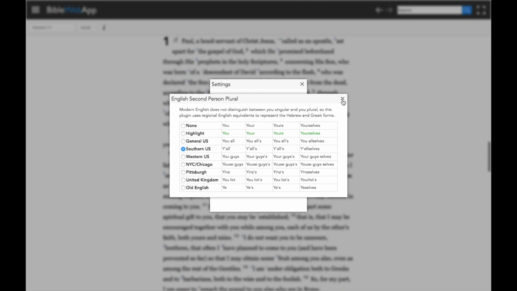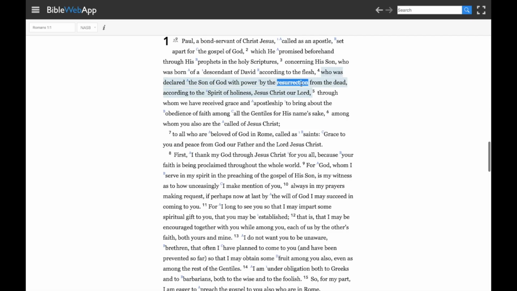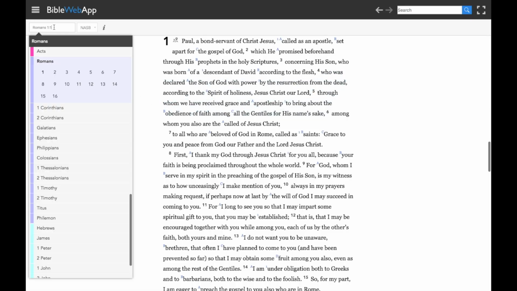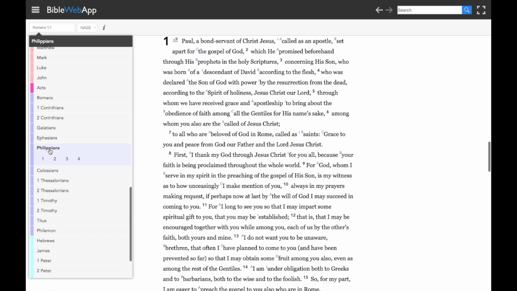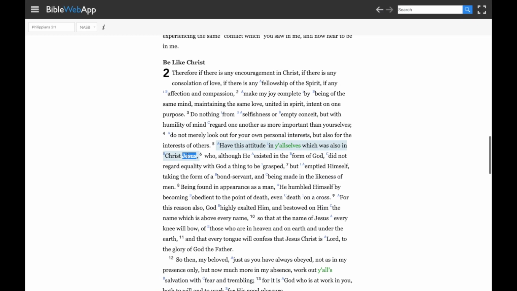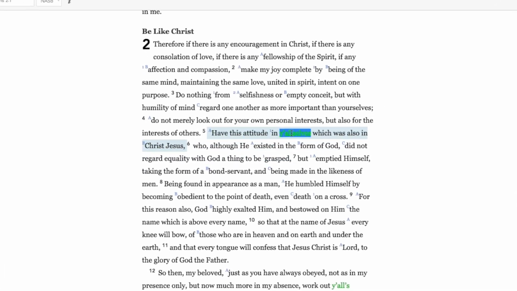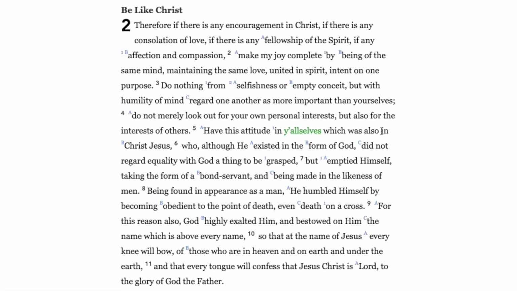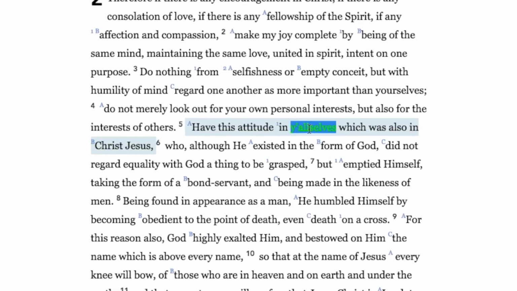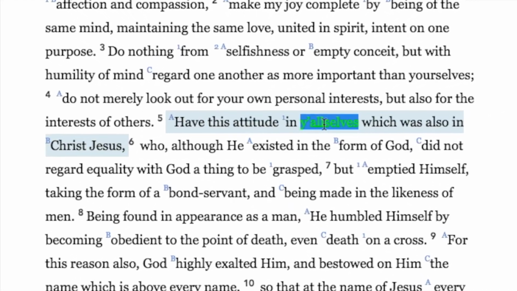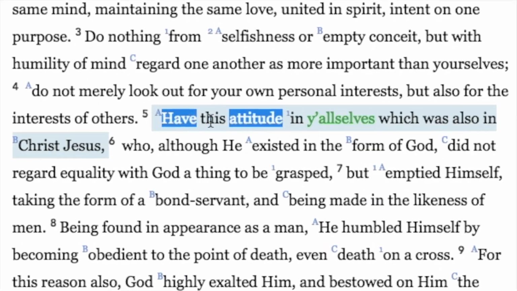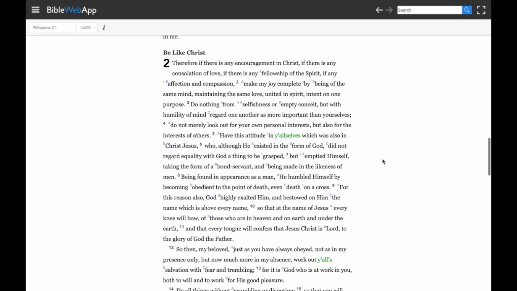And so what this will do for us is then when we see a you plural, let's say for instance in Philippians chapter 2, we have this attitude in y'all's selves. Right? This normally would have been have this attitude in you, but what we have here in Greek is a plural word.